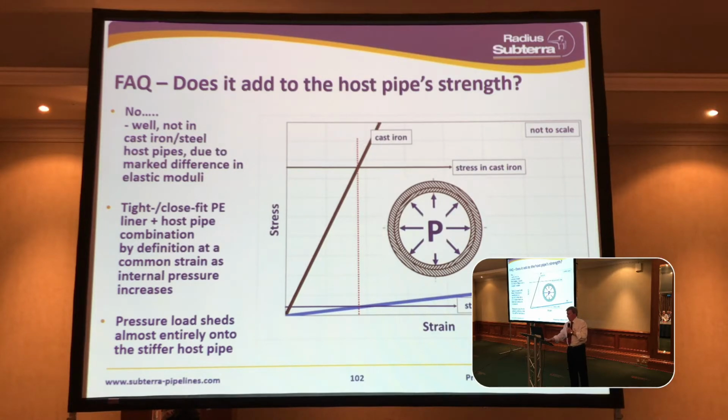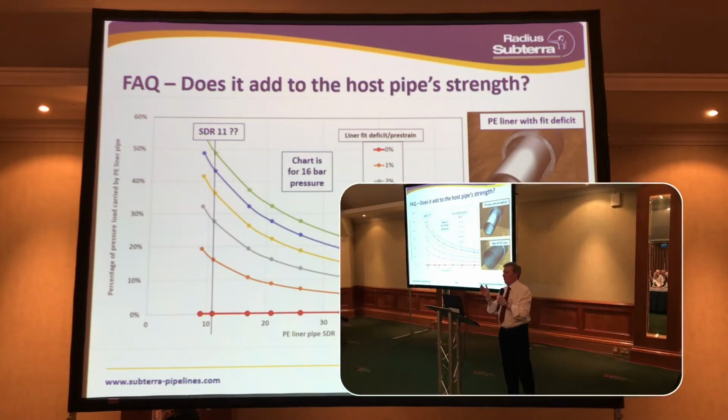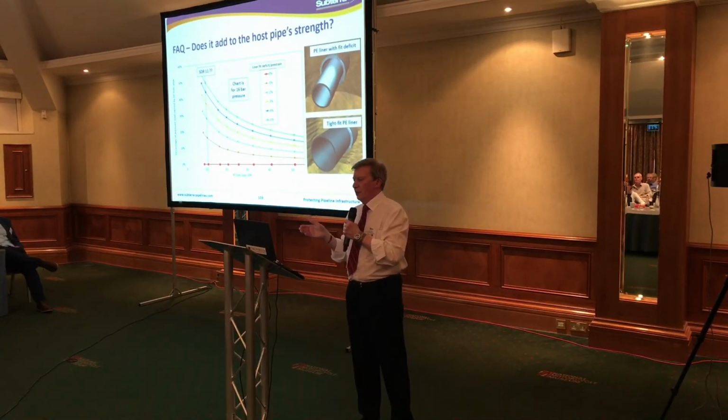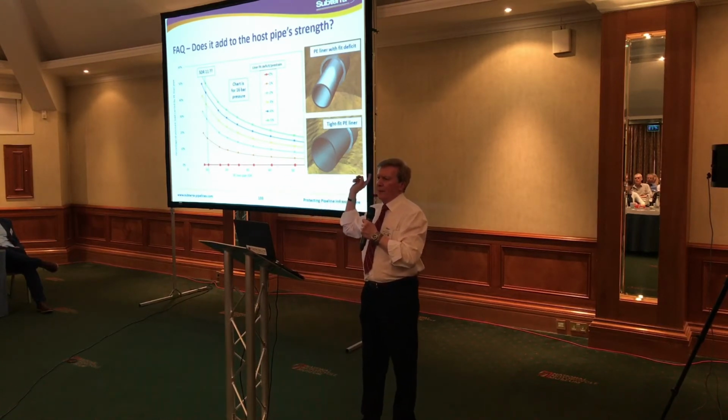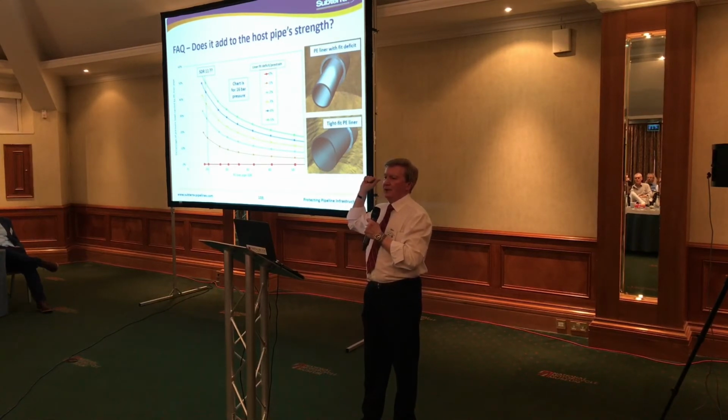Now, I did think someone might say, well, you haven't taken into account wall thickness here, so I developed myself a little model and looked at being able to change the pressure and the wall thickness of the PE and the wall thickness of the steel pipe. This is for a 16-bar example. What we have here is the amount of load taken by the PE up the y-axis, and along the bottom is the PE SDR.